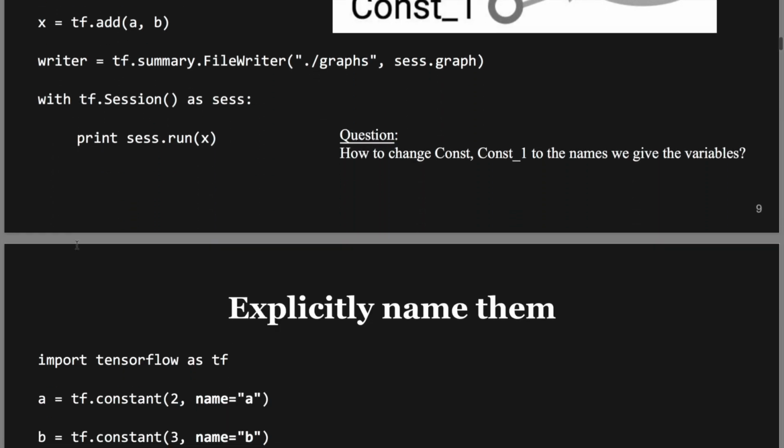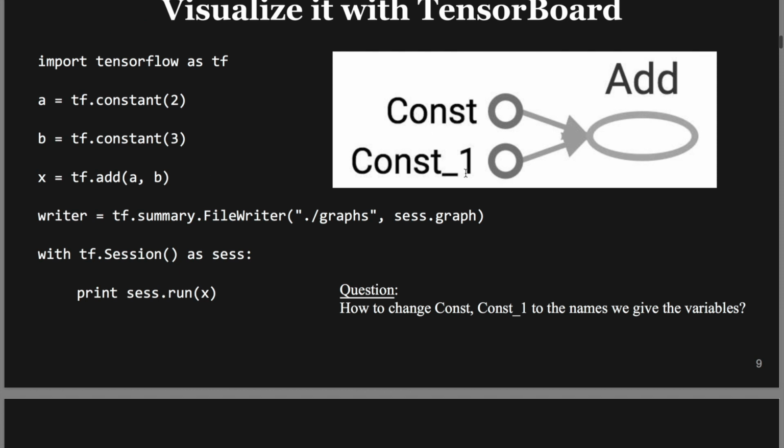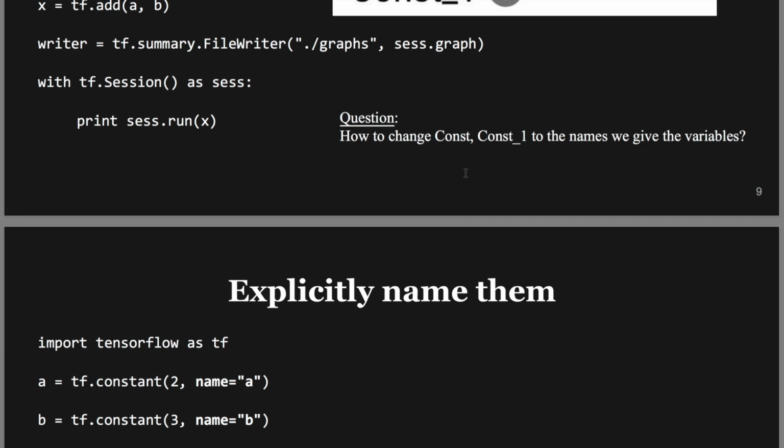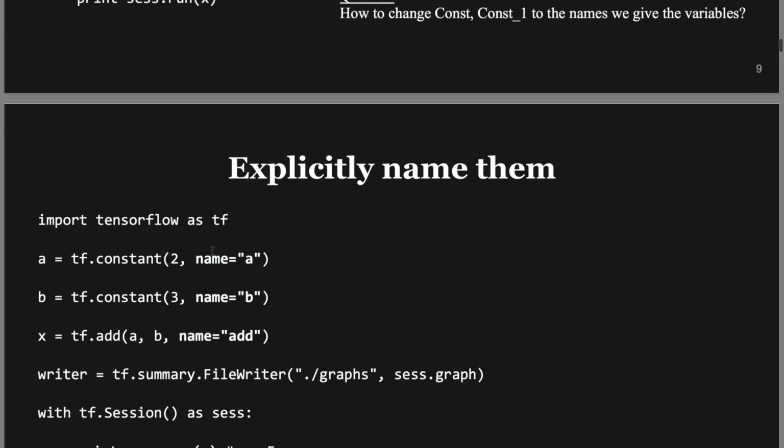And as we already talked about, you'll see const and const_1. Now, you might want, some time, to make your graph more readable, and you can add a name argument there.